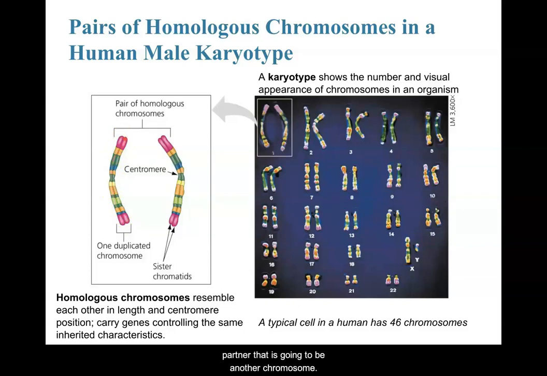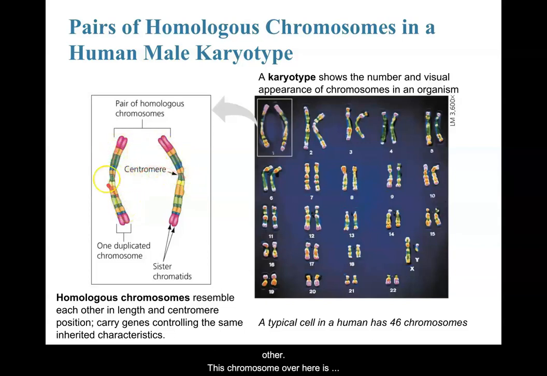That chromosome is one chromosome. It actually has a partner. That's going to be another chromosome, but here's a partner of that chromosome. They are similar in length. They are similar in the type of genes that they're going to code for. Let's say hair color, eye color. You're going to find similar genes in pairs of chromosomes on homologous chromosomes. They're pairs, so they're not duplicated versions of each other.